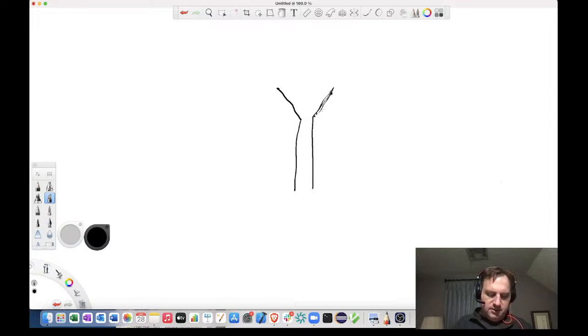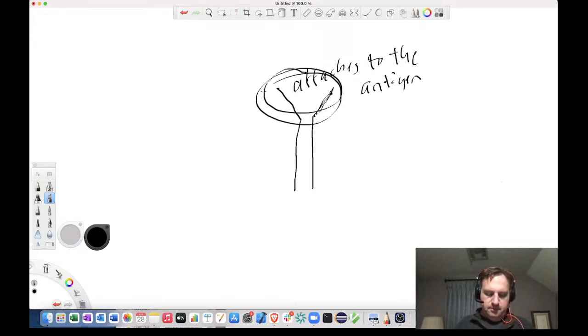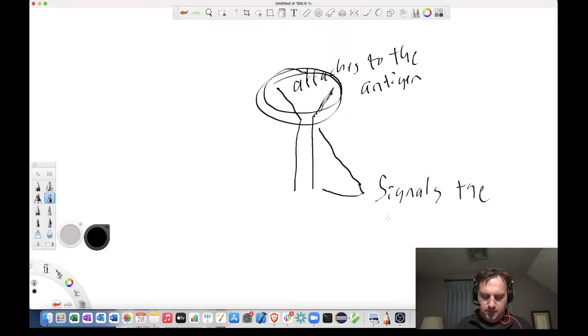This part attaches to the antigen. It's kind of a grabby part, so this is the grabber. This part signals the immune system.